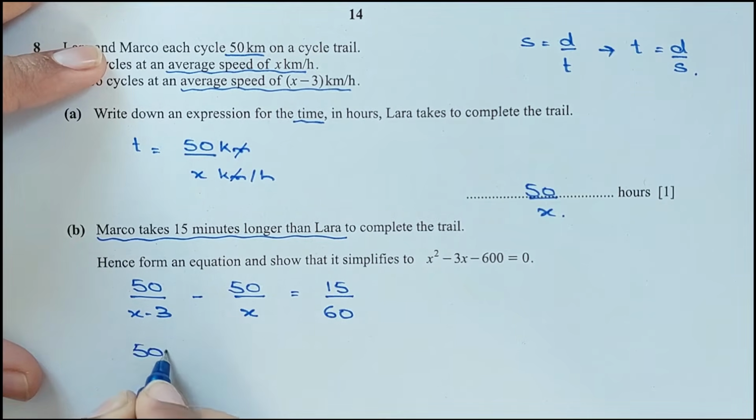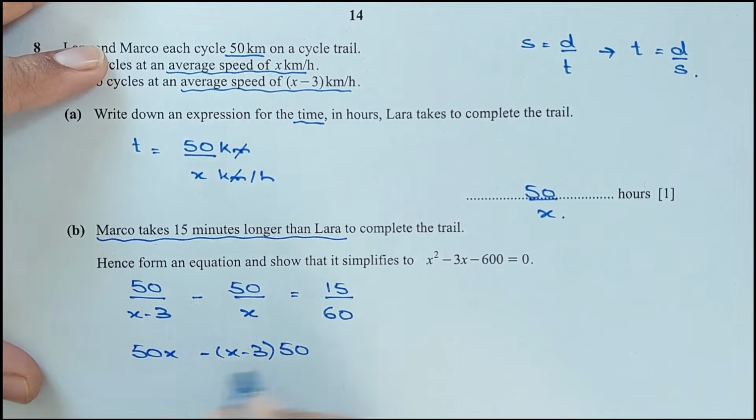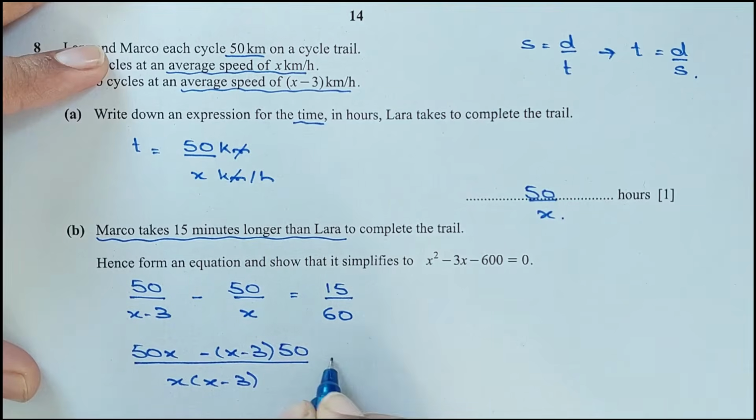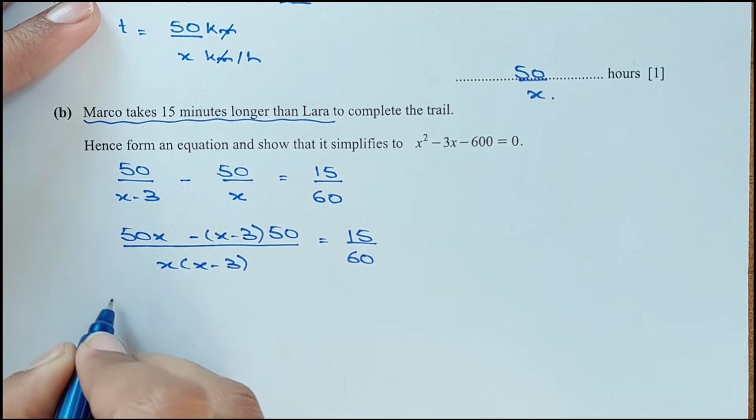So we have 50x minus (x minus 3) multiplied by 50, divided by x times (x minus 3), equals 15 over 60. For this simplification we can do the cross multiplication.